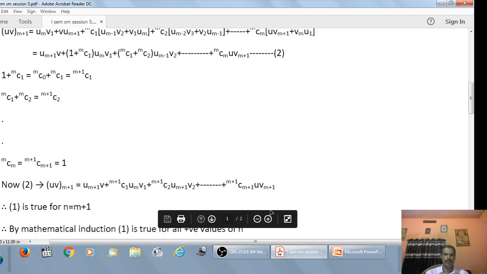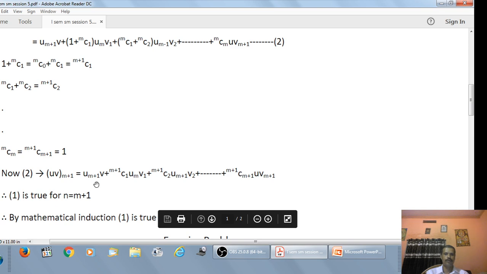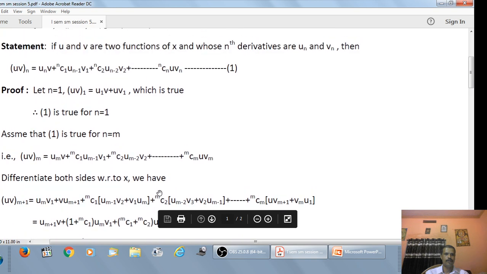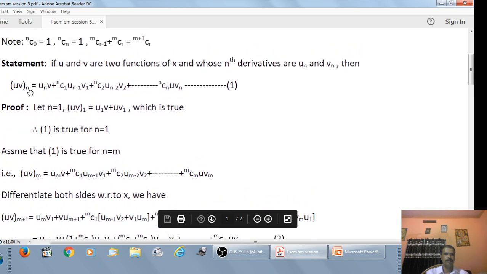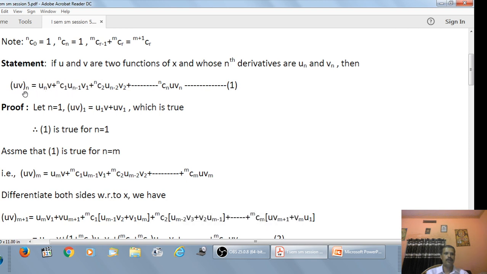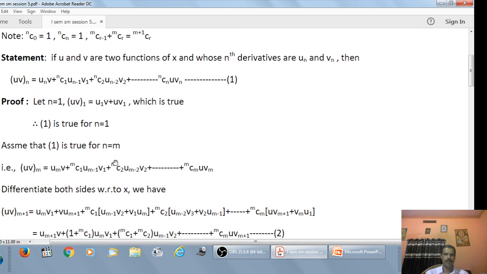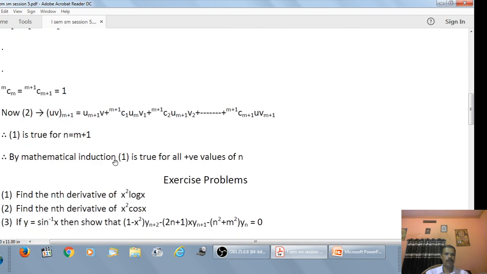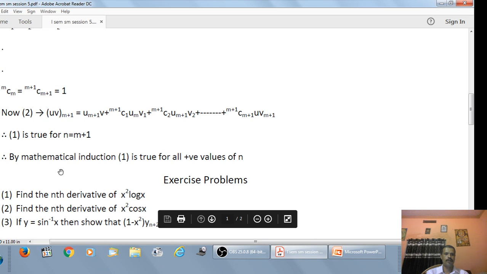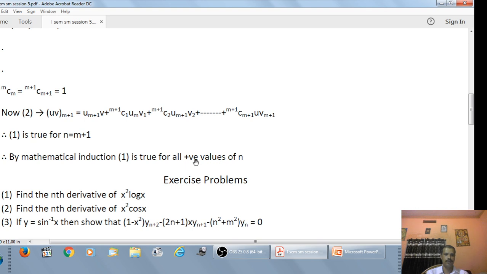Now I have the equation where LHS and RHS are equal when I replace n by m plus 1. And therefore, definitely equation 1 is true for n equal to m plus 1. So by the mathematical induction principle, 1 is true for all positive values of n. And this is the proof of the Leibniz theorem.